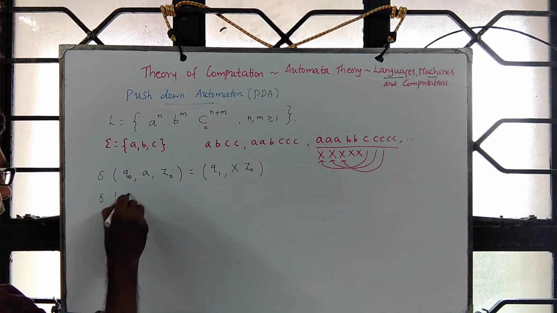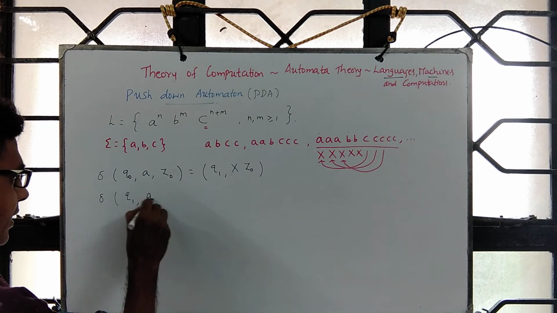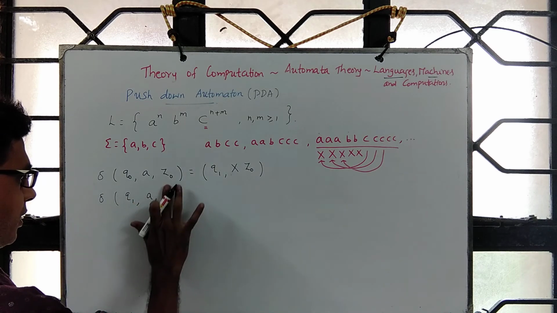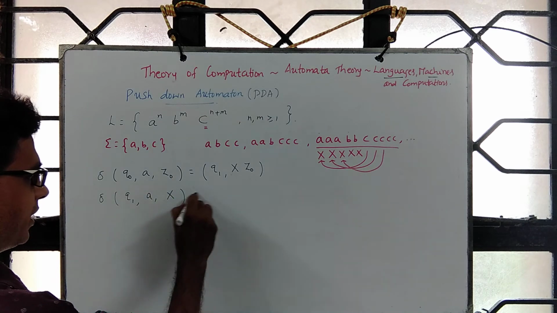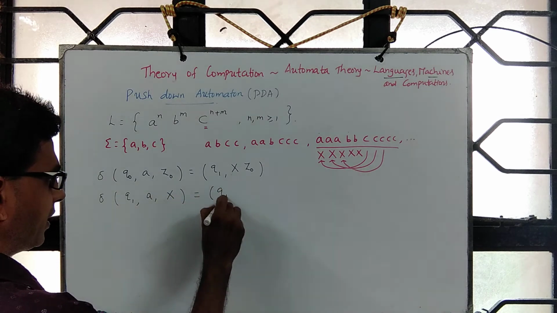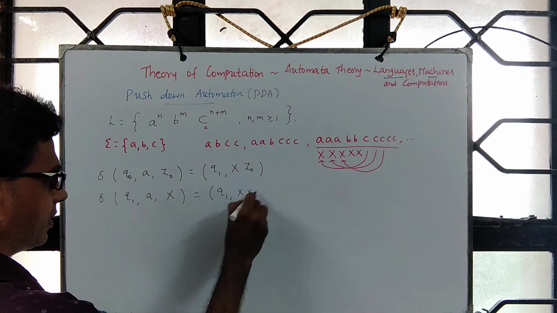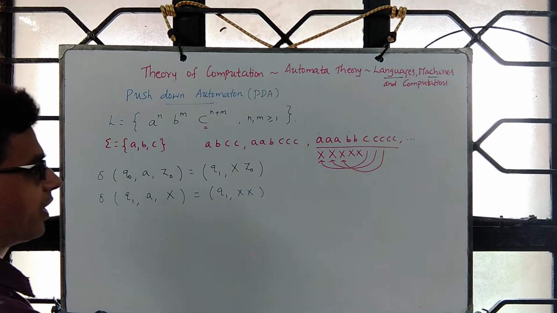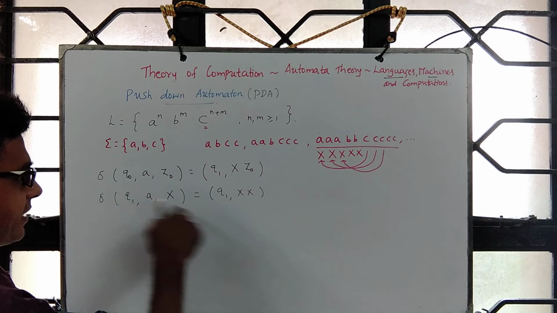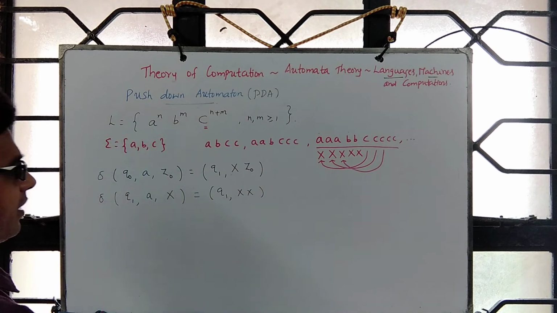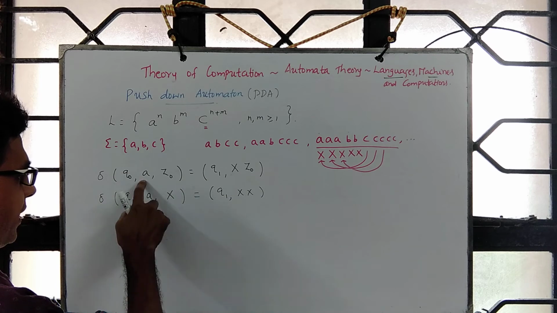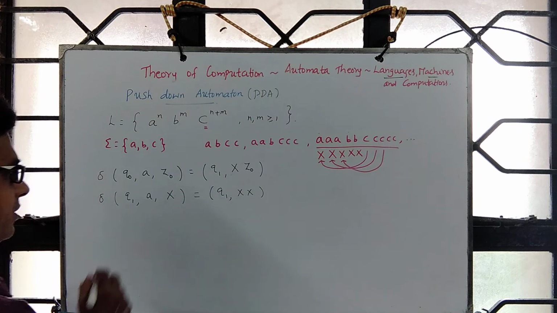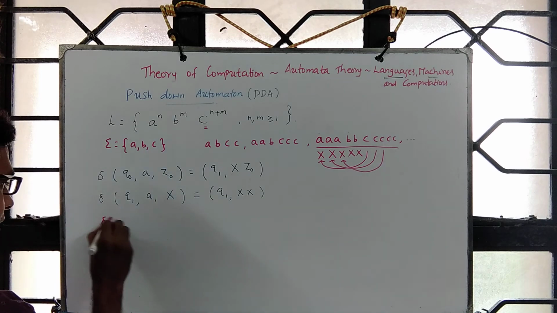Then we are in Q1, we read a couple more A's, the top symbol is this, we continue to stay there and push X. This part takes care of A power n, and when you come to Q1, it is ensured that you have read at least one A. So the condition is checked.